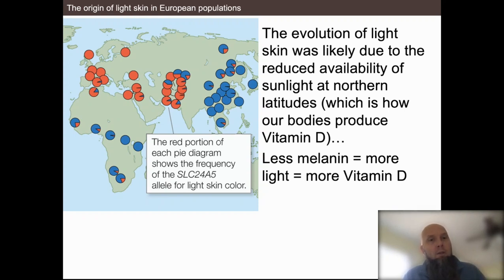So again, this is an instance of a mutation that arose in a variable population. As you can see, that allele is present in Central and Southern Africa, but it is not beneficial there. When these populations moved north, it became beneficial and increased in frequency.